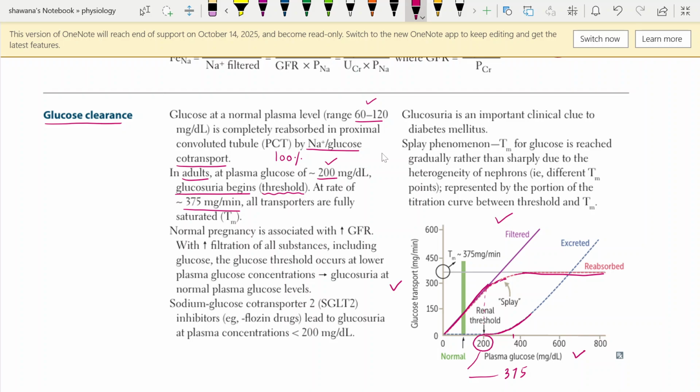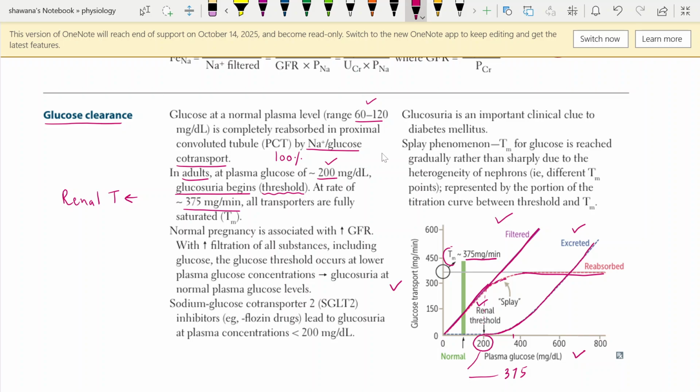Okay, it means that transport maximum is reached at 375, but renal threshold is reached at 200. It means that the renal threshold is reached before the transport maximum, and this was the point that I needed you to know.